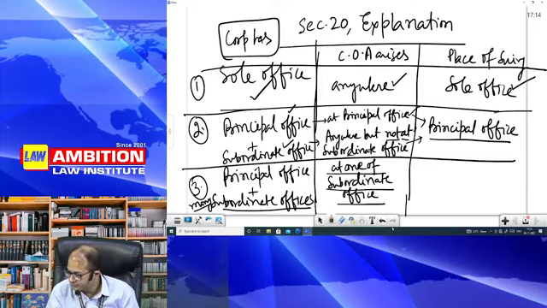So now I can say fundamentally that the appellate or revisional court will entertain objection if the following conditions are satisfied.